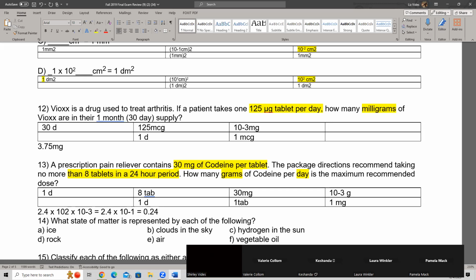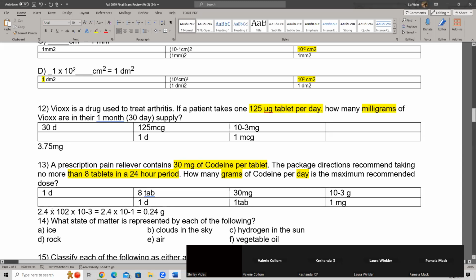Okay. So like I said, if you don't have a calculator like mine that you can do the EE thing with, this is how I do it. So 8 times 30 gives you 240, right?